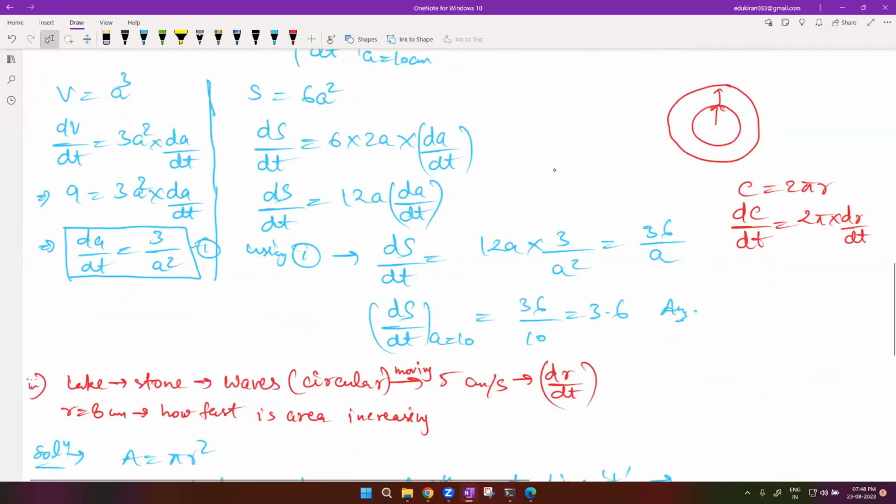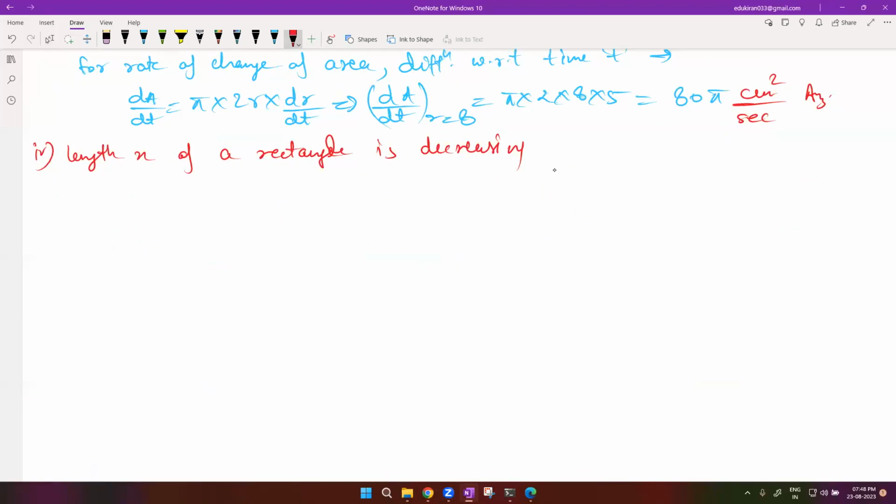So the length x of a rectangle is decreasing. It means that if you find dx with respect to time, since it is decreasing, you will have to use the negative sign. The length x of a rectangle is decreasing at the rate of 5 centimeter per minute, and the width y is increasing at 4 centimeter per minute.